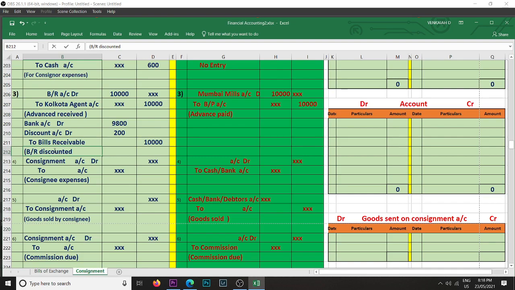Name of the consignee is Kolkata. Amount is 700.